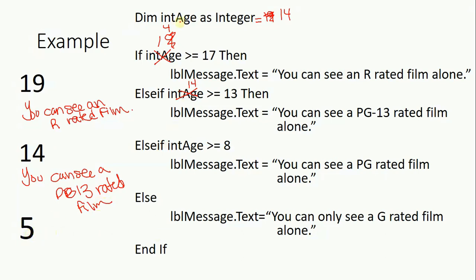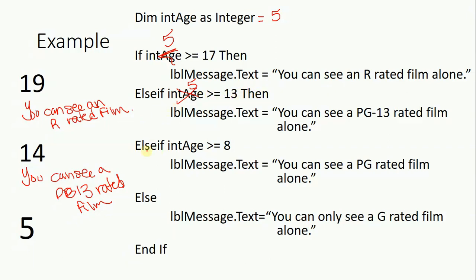Now what if 5? If I erase all my information here, there we go. So intAge, we say intAge is equal to 5, so that means this is no longer 14. 5 is not greater than 17, so we're going to go to the else if. Is intAge, that's 5, greater than or equal to 13?